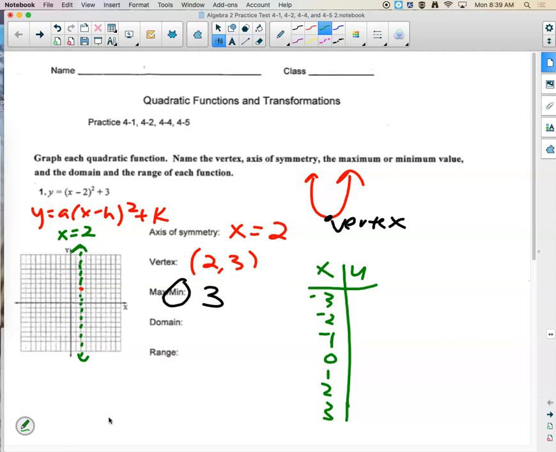Yes, because this is a little imaginary 1 right here. Now we have to take a along with, so in this case it's going to be y equals 1x squared. So we just go with our 9, 4, 1, 0, 1, 4, 9. And that's going to be our parent. So we'll get that on there, dashed or dotted.